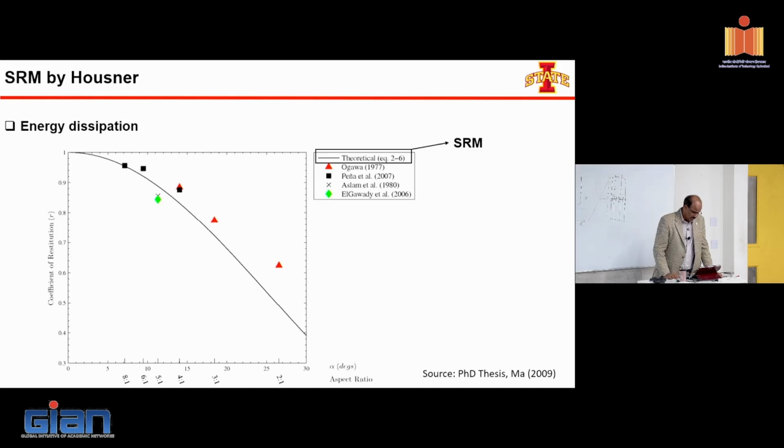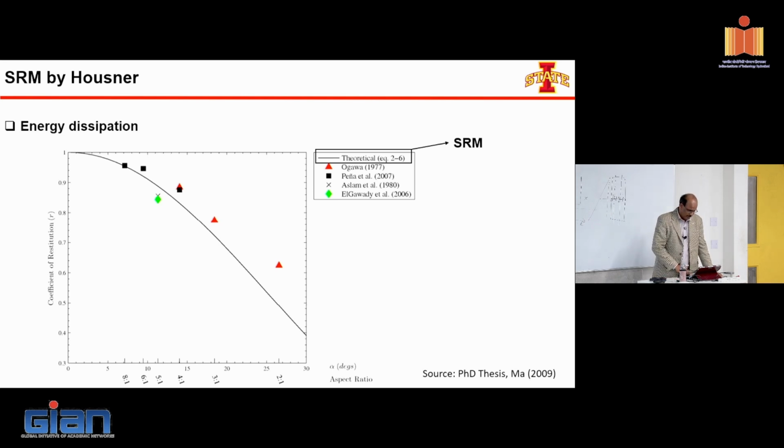If the coefficient of restitution is 1, it means it bounces back 100%. It goes with the same velocity and bounces back with 100%. There's no such thing in the world that can do that. If you bounce something, it will eventually come to rest, because each time it impacts, it loses some energy.